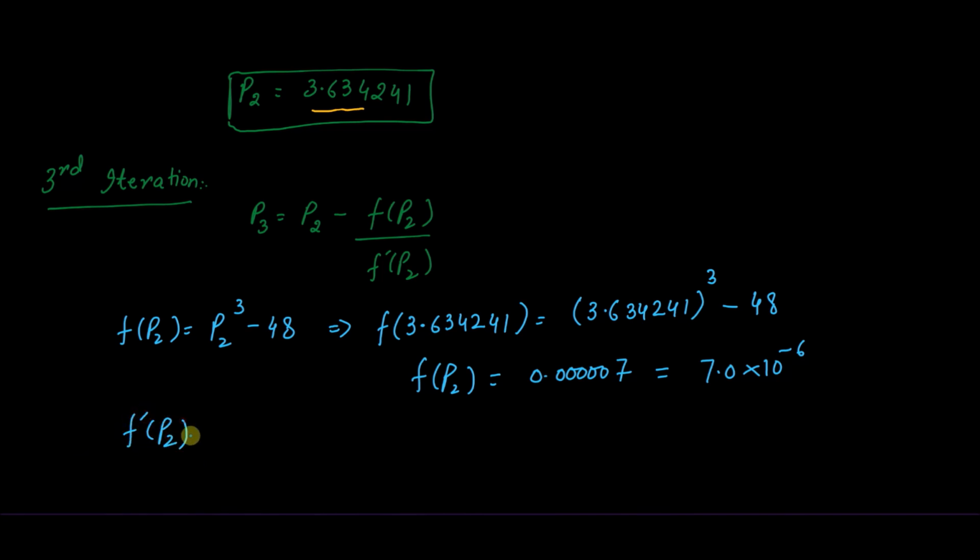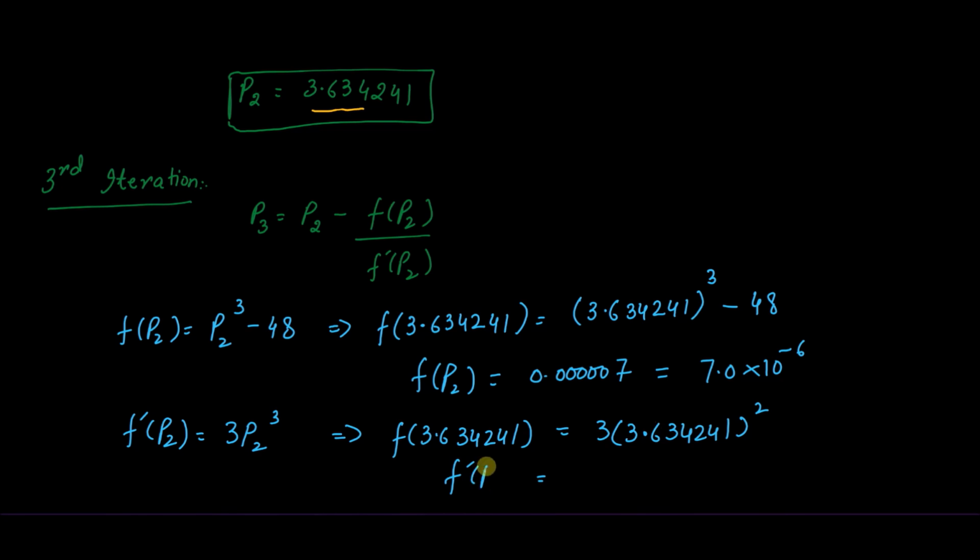Now we need to find f prime of P2. So that is 3P2 square. So we have 3 times 3.634241 whole square.